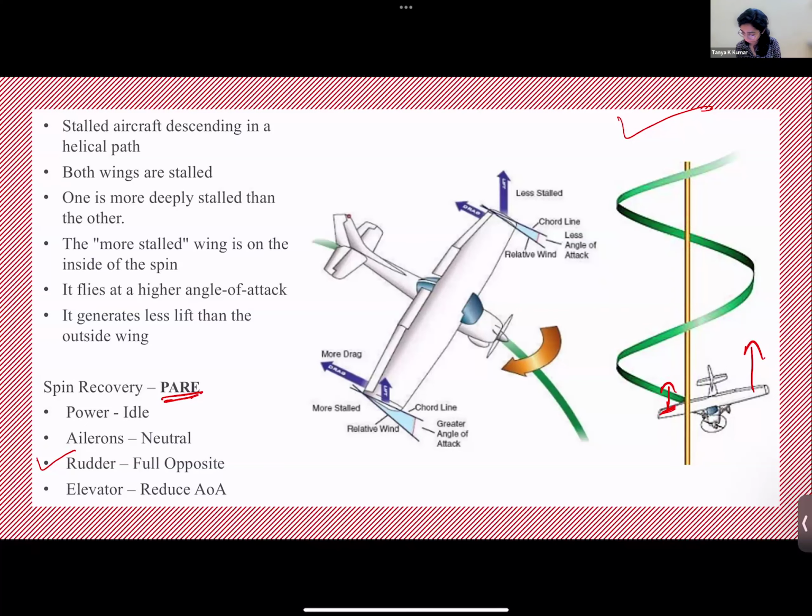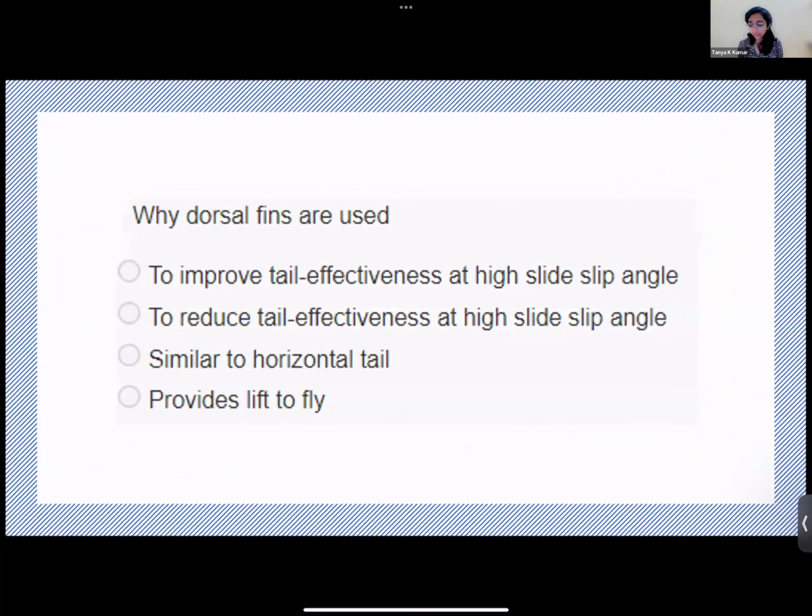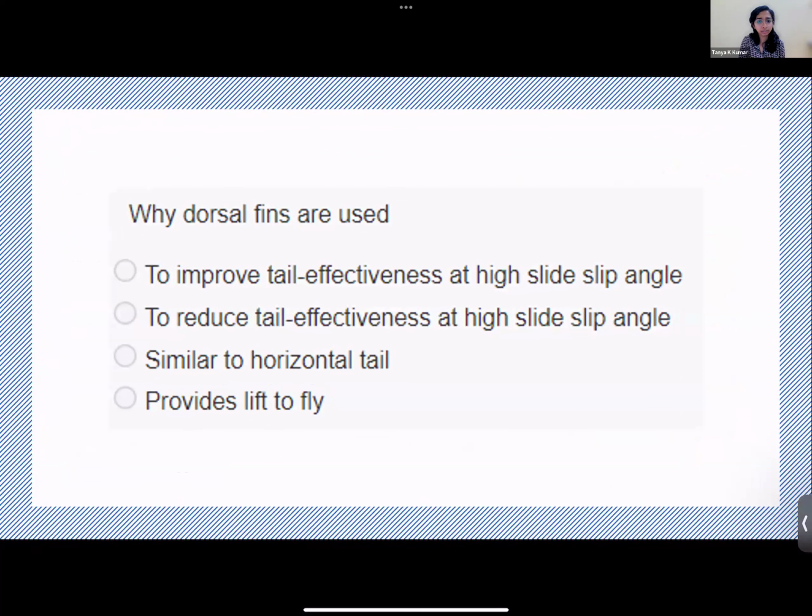So let's move on. Why are dorsal fins used? What are dorsal fins? To improve tail effectiveness, to reduce tail effectiveness, similar to horizontal tail, attached to rudder. Okay, so let me try to understand that.